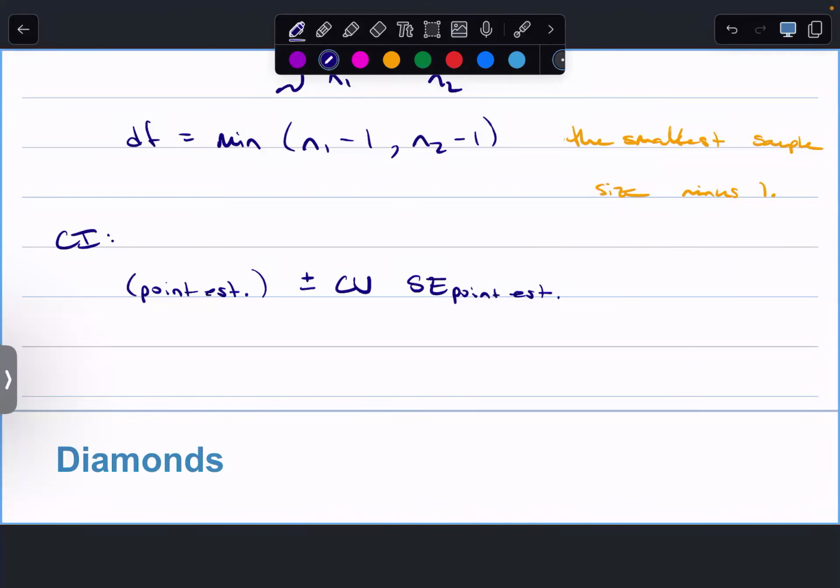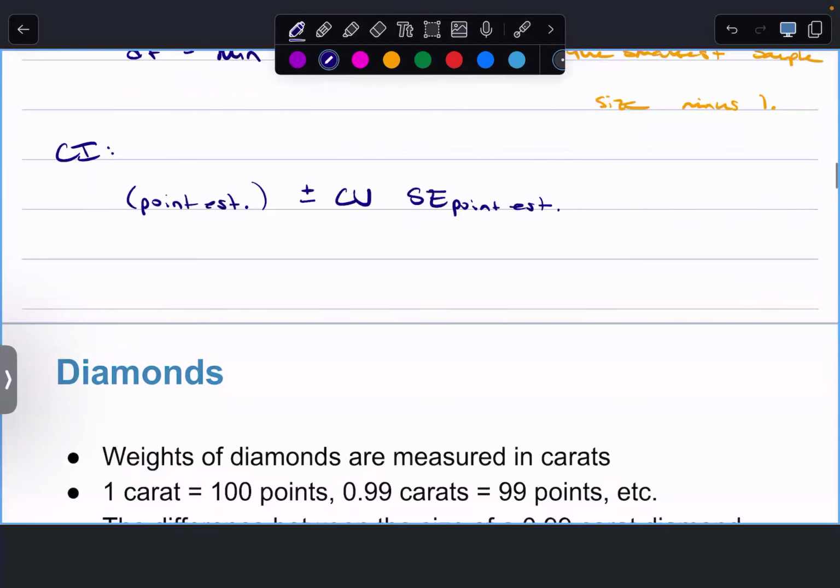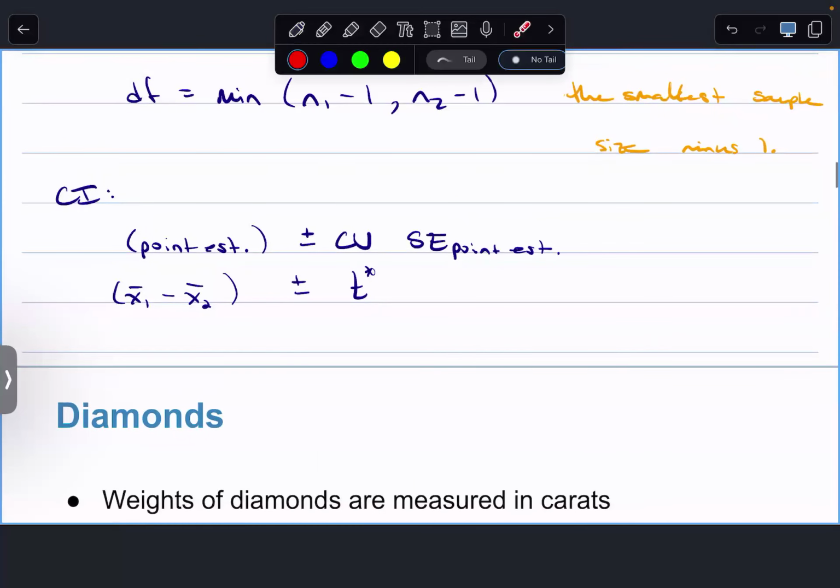We have all these components. Our point estimate is x1 bar minus x2 bar, plus minus, our critical value is going to be a T star at the smaller sample size minus 1 degrees of freedom. I'm not going to write that down because that's a huge subscript. I don't like that.